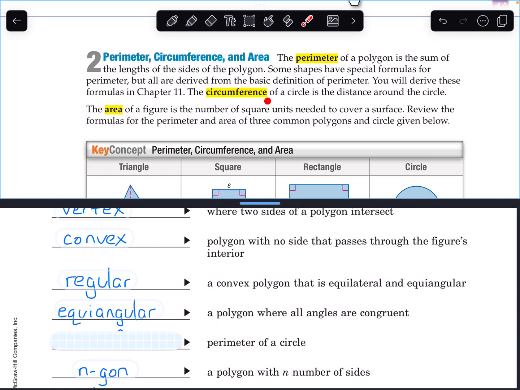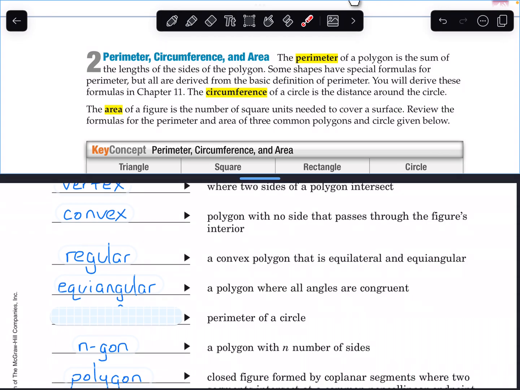The circumference of a circle is the distance around the circle. You may be familiar with circumnavigating the globe. Same idea there. Circum is circular. And then the area of a figure is the number of square units needed to cover a surface. Review the formulas for the perimeter and area of 3 common polygons and circles given below.